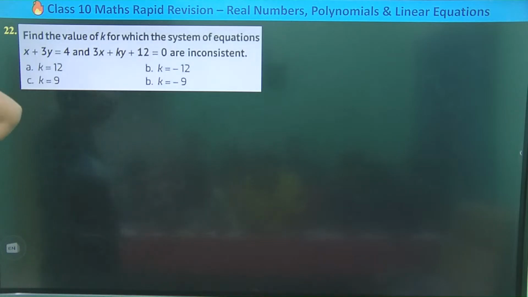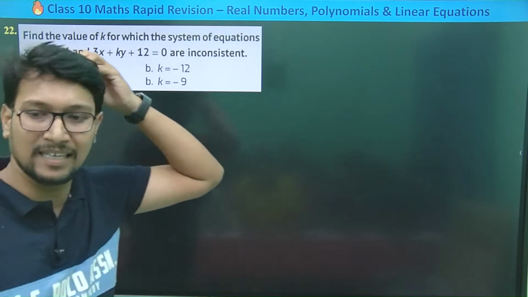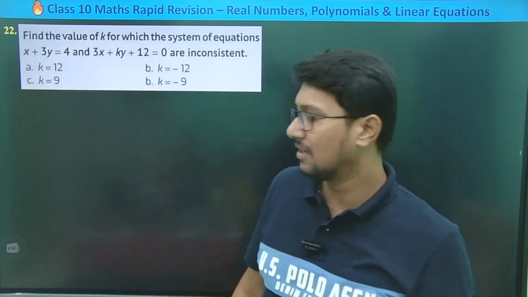Find the value of k for which this equation are inconsistent. Inconsistent बच्चों कब होता है?